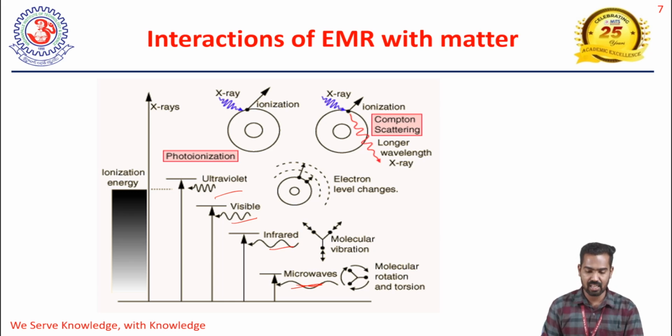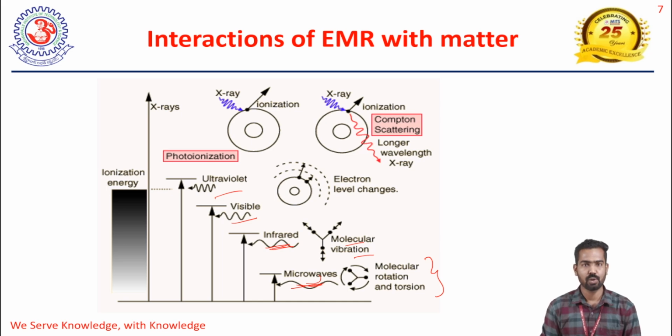If the molecule absorbs the microwave region, you can see some molecular rotation, some rotational change in the molecule. In the same way, if the molecule absorbs infrared radiation, IR radiation, there will be molecular vibrations, like stretching vibration and bending vibration, which you can observe in the molecule.